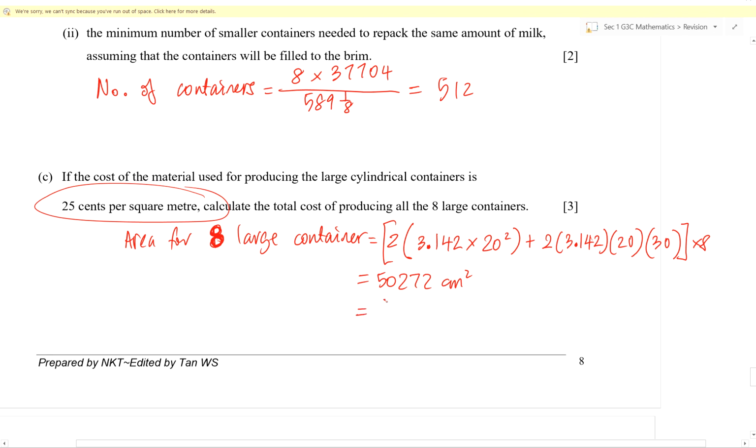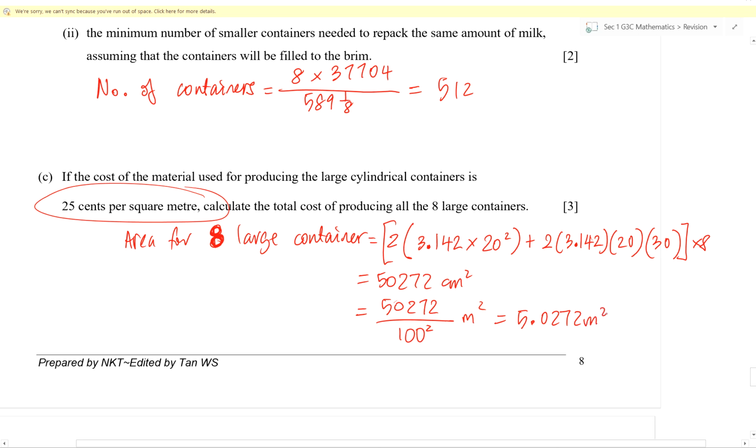Divide by how much? Divide by 100 and you square, because now we want square meters. This is the area in square meters, which works out to be, without using a calculator, just a jumping of 4 digits. 1, 2, 3, 4. 5.0272 square meters.